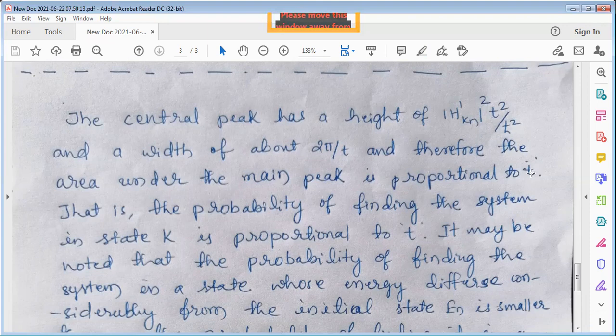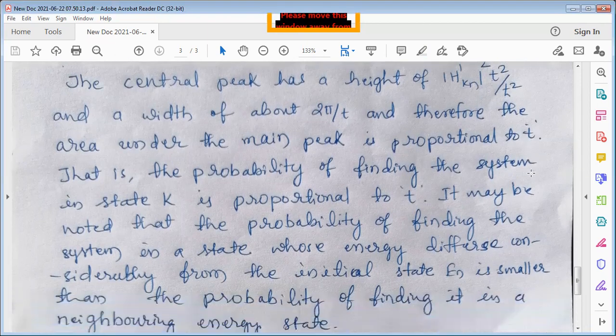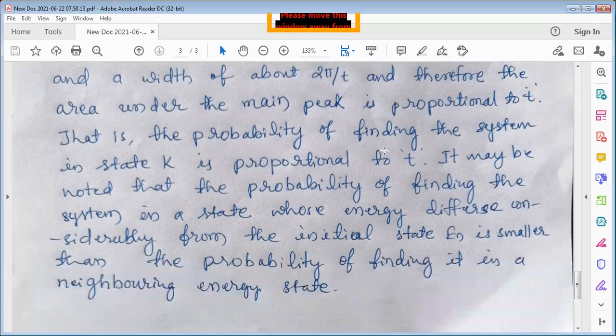So as the time passes, the area under the curve also changes, and when t crosses the given time, the area becomes 0. That means the probability of finding the system in the state k beyond the time t is 0.